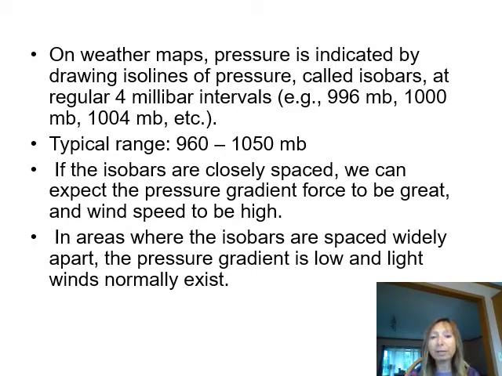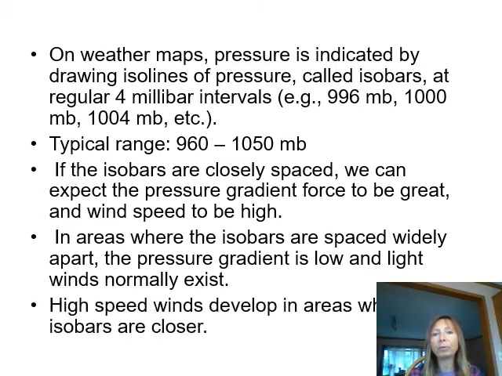On the other hand, in the areas where these isobars are spaced very widely, this is where the pressure gradient is low, and then the speed of the wind would also be very light. So high-speed winds develop in the areas where the isobars are very close, and low-speed winds are in the areas where isobars are far away.